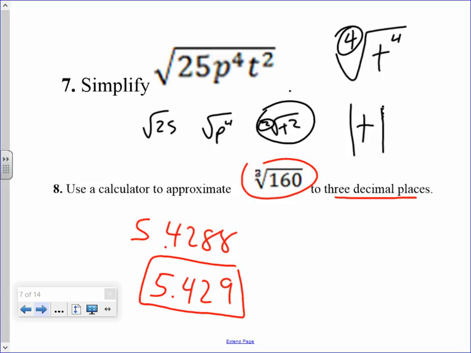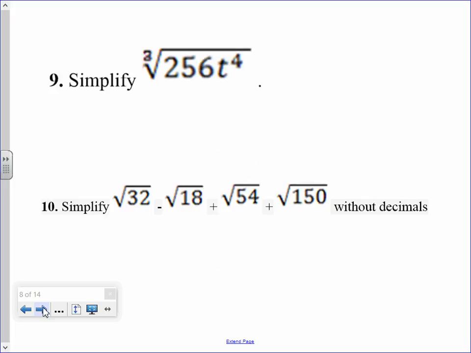An 8 after this 8 means this number is closer to being a 0.429 than it is to being a 0.428. But we want 3 decimal places. Oh, after, okay. 3 decimal places means, yeah, after the decimal.